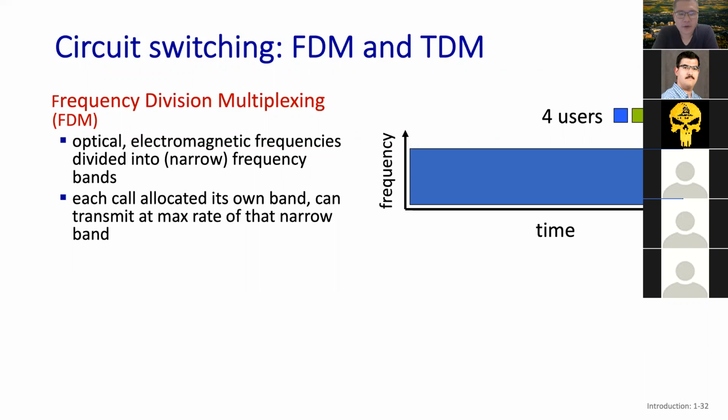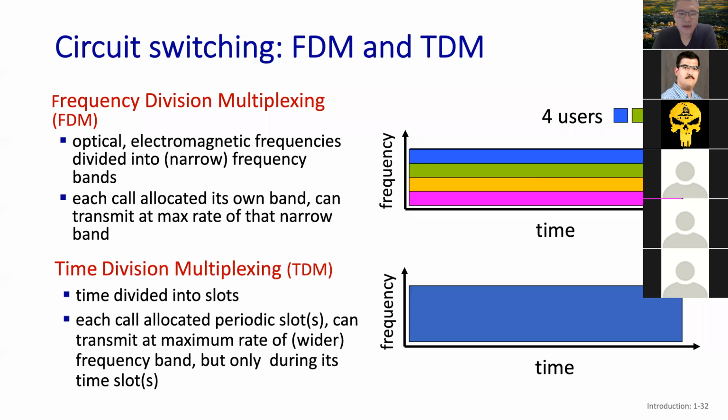So we have frequency division multiplexing and time division multiplexing. Still remember? For frequency division multiplexing, the signals go through the link, but based on different frequencies, right?